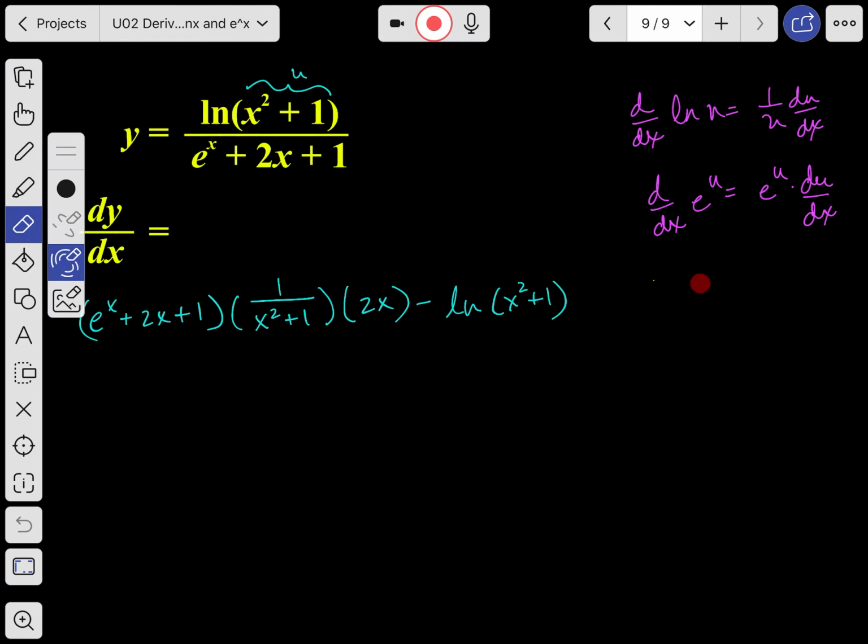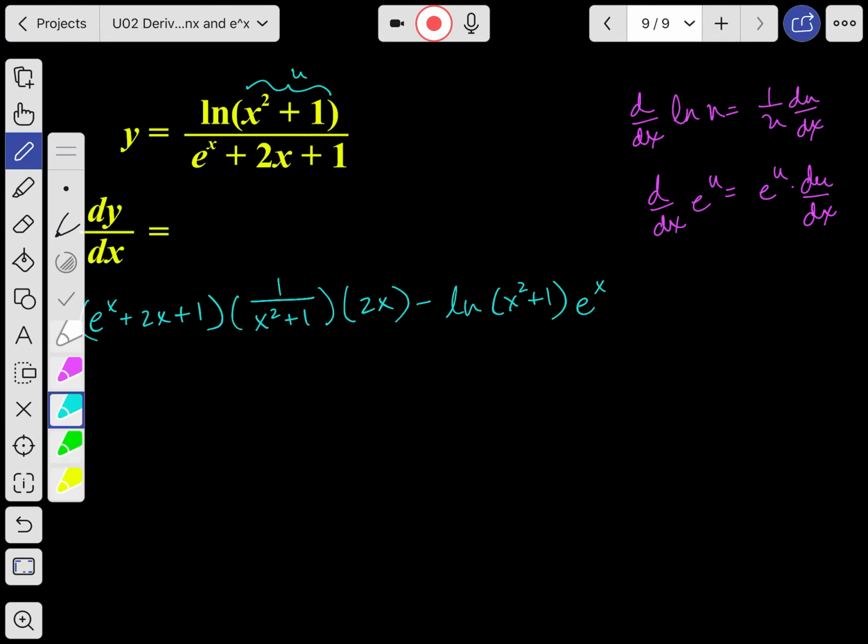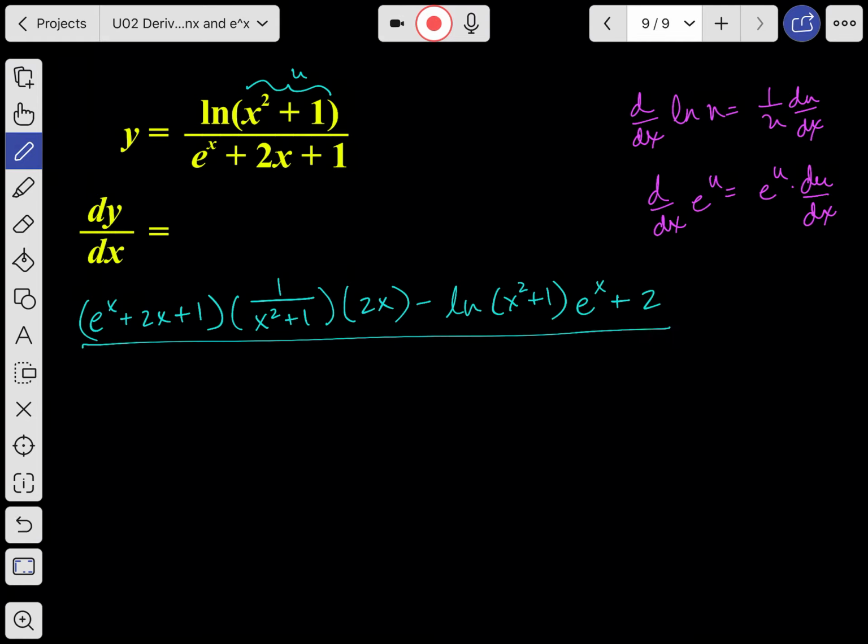So let me clear that out. So bottom derivative of the top minus the top times derivative of the bottom. So that's going to be e to the x, and the derivative of x is just 1. So I'm just not even going to leave that there. Plus, okay, bottom derivative of the top minus top derivative of the bottom. So that's 2. And derivative of 1 is just 0. All divided by the bottom squared.